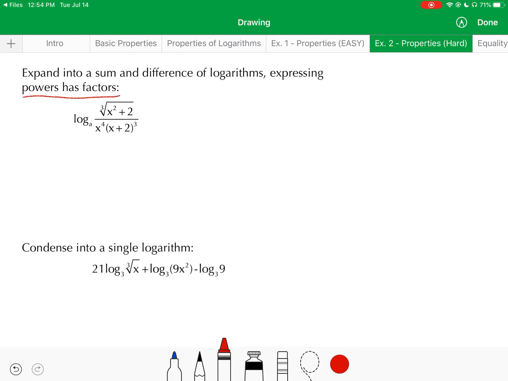That allows me to use a quotient property, and I'm going to break this up as log base a of the cube root of x squared plus 2, subtracted by log base a of that entire denominator, x to the fourth times x plus 2 cubed.